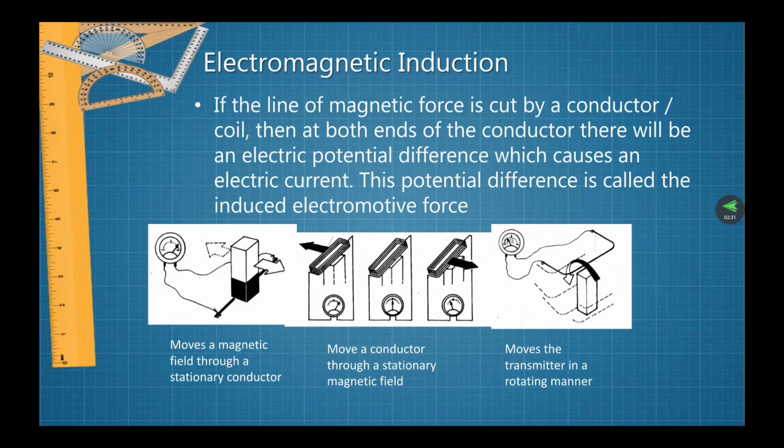This is the illustration of a magnetic field moving through a stationary conductor. And this is the movement of a conductor through a stationary magnetic field. And then this is the illustration of the movement in a rotating manner.